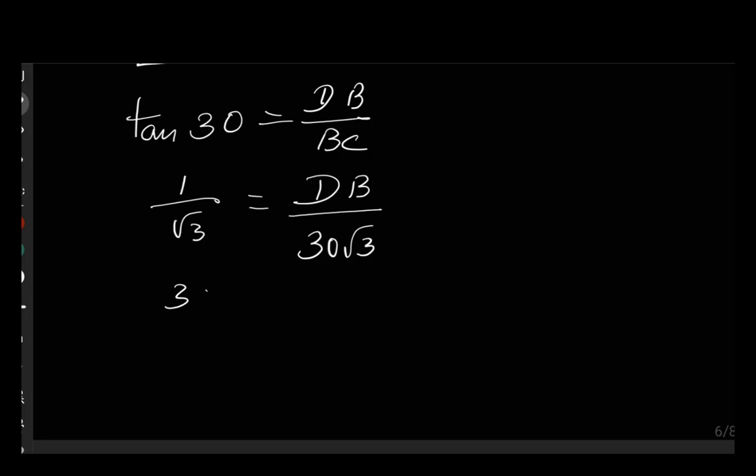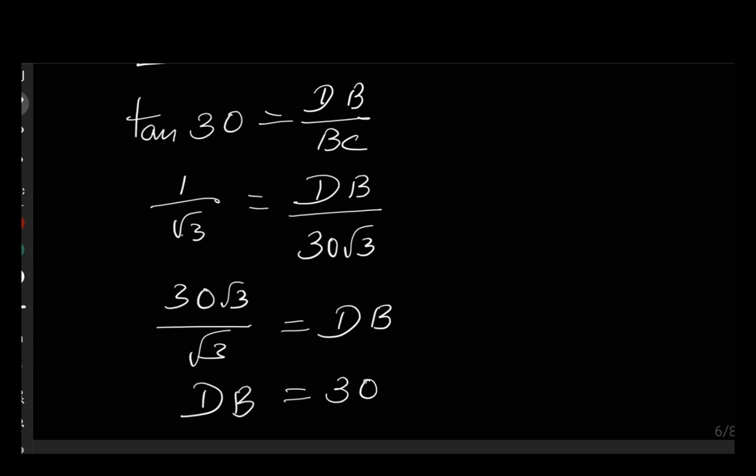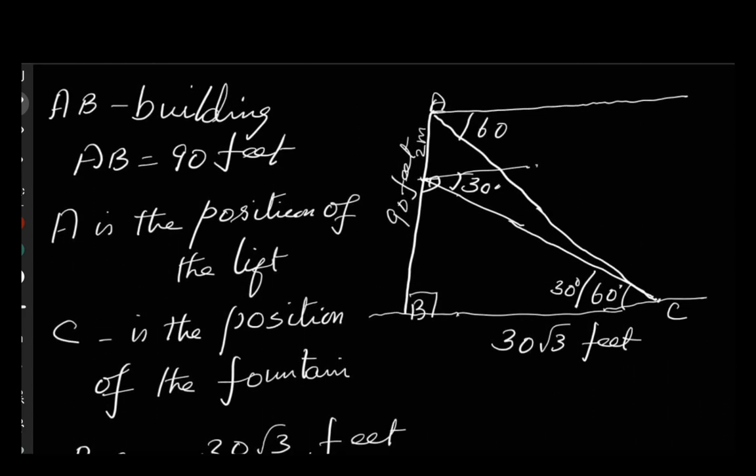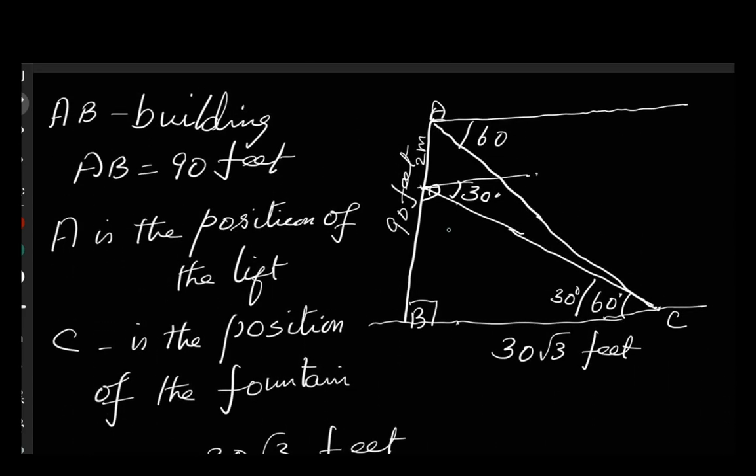So cross multiply: 30√3 by √3, keeping the √3 as it is, equals DB. The √3 cancels, so DB is equal to 30 feet.